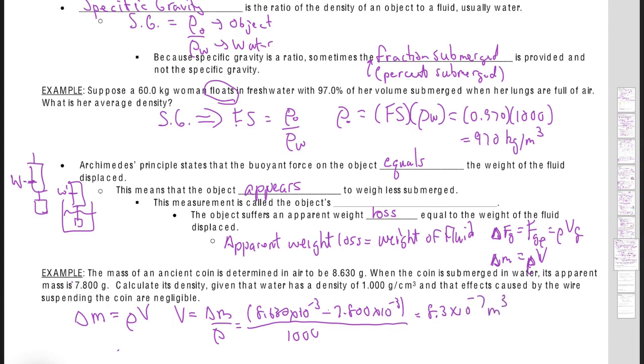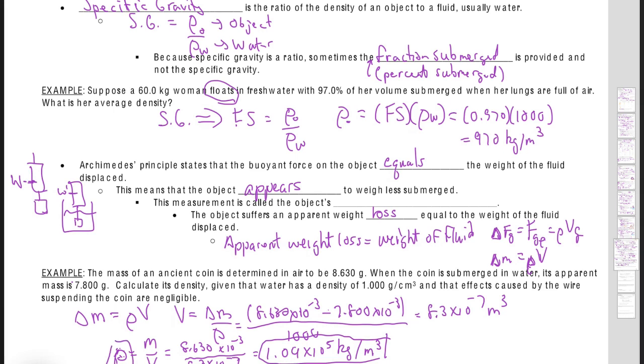And now we can find the density, because we have the volume displaced, so we have the volume of the coin. We're going to do mass over volume, and we know in air it weighs 8.630 times 10 to the negative 3 kilograms, divided by 8.3 times 10 to the negative 7th cubic meters. We're going to get a density of 1.04 times 10 to the 5th kilograms per cubic meter, and that would be the density of this coin.